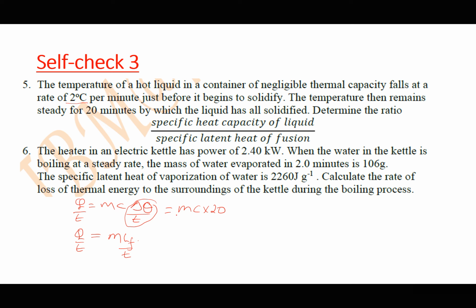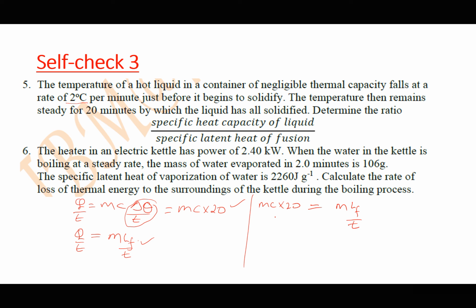So I'll now equate the two equations. I will equate this equation and this equation here, because I want specific capacity over latent heat of fusion. So I have MC times 2 is equal to MLF over T, where T is 20 minutes.